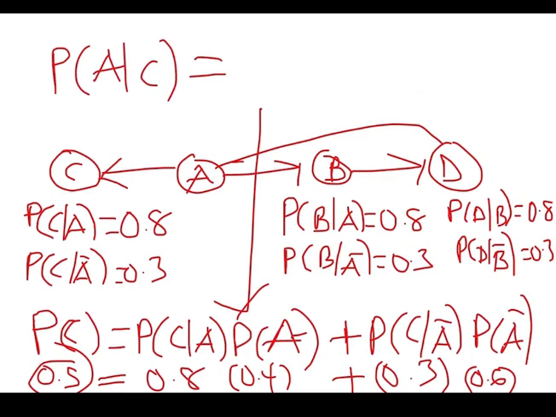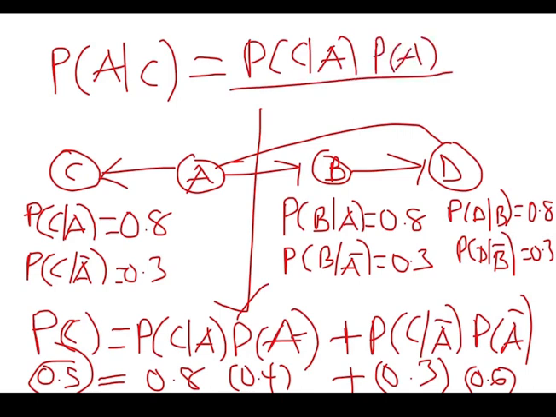If I want to find the probability of A given C, it's just going to be the probability of C given A multiplied by the probability of A, divided by the probability of C. That's what I'm going to use, because in this structure A does not depend on C. C depends on A in this structure. So if I want to find A depending on C, I have to use Bayes' theorem.